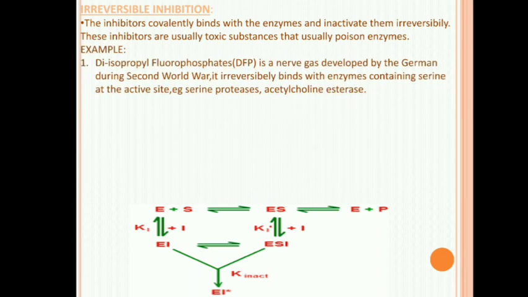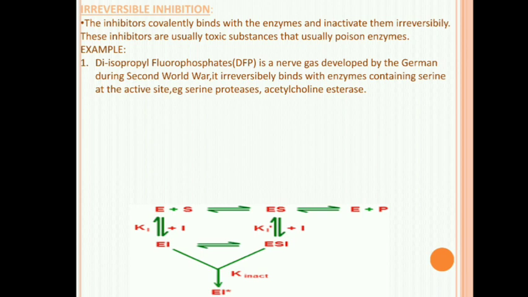I have taken some of the most famous examples. The very first is diisopropyl fluorophosphate, that is DFP, which is a nerve gas that was developed by the Germans during the Second World War, and it irreversibly binds with enzymes containing serine at the active site.